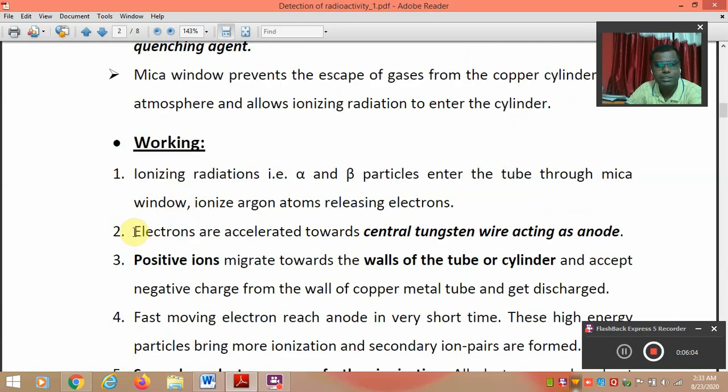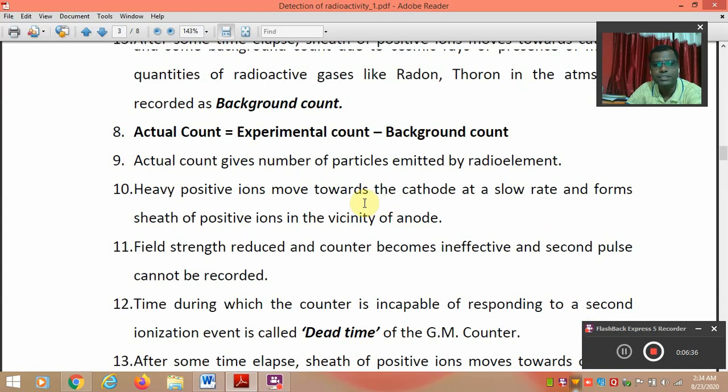After this, what happens? The electrons which are released here are accelerated towards the oppositely charged, positive electrode, which is the anode, present in the form of a tungsten wire at the central part of the tube. That's why these electrons released due to the ionization of argon atoms by alpha and beta particles will migrate towards the central tungsten wire, which acts as the anode.